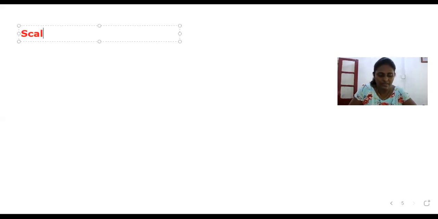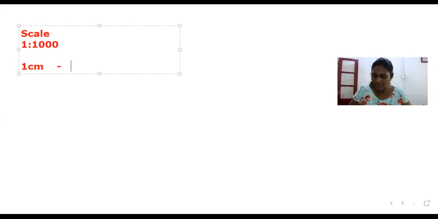They have given the scale as 1 to 1000. That means a 1 to 1000 scale means 1 centimeter shows 1000 centimeters. 1000 centimeters means 10 meters.